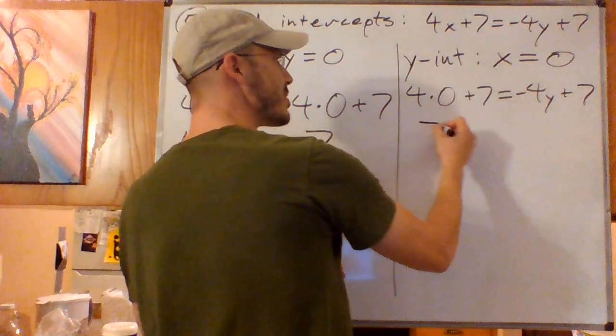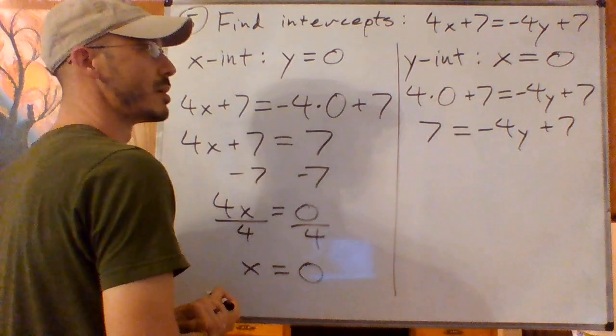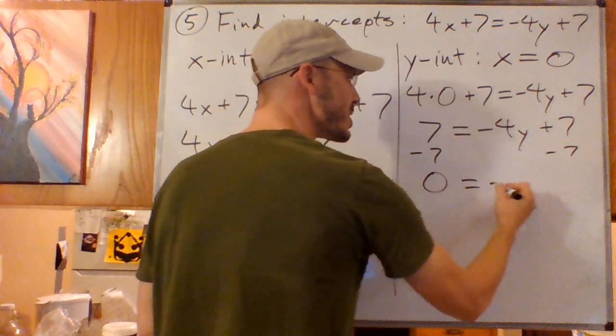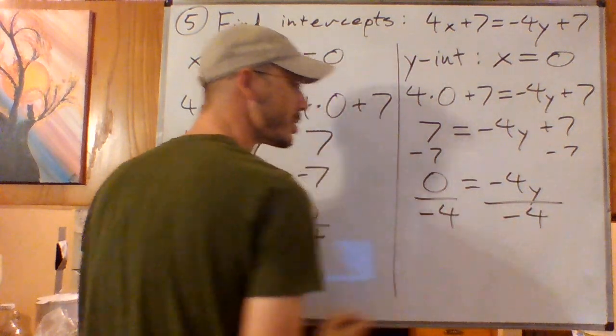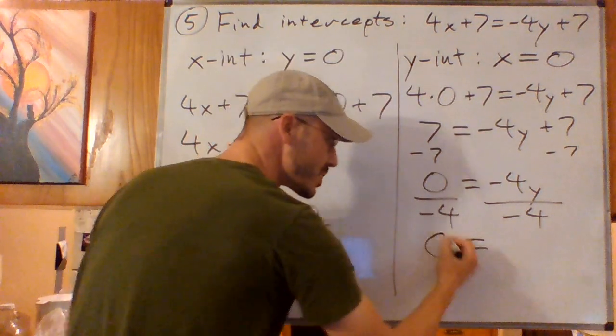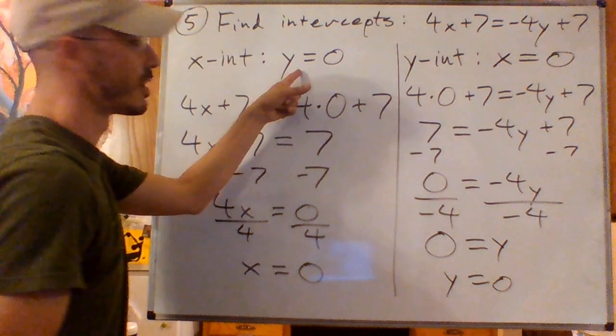Simplify that, I just have 7 equals negative 4y plus 7. Subtract the 7, and I have 0 equals negative 4y, and finally divide by negative 4. So I get 0 divided by negative 4 is 0. Y equals 0. That really doesn't help.